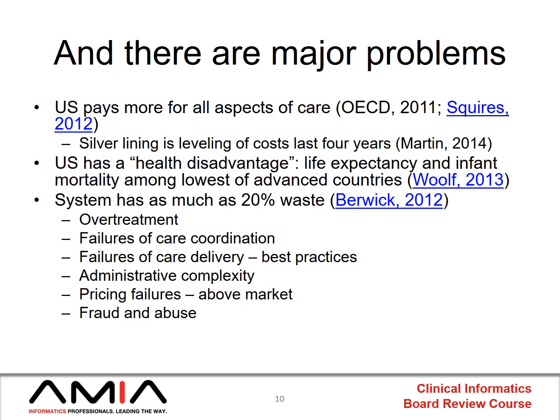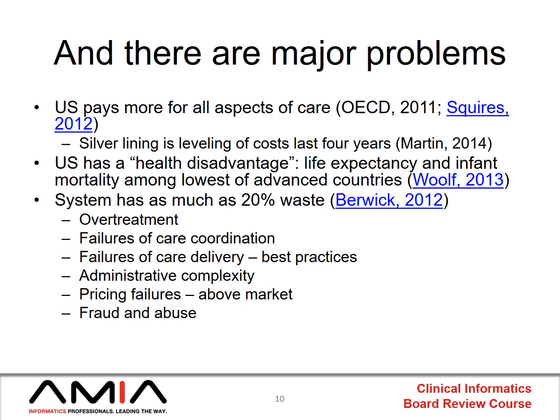The one silver lining being that there has been a leveling of costs over the last 4 years, probably due in part to the recession that took place in 2009, but for whatever reason, the costs have been leveling off somewhat. The U.S. also has what some describe as a health disadvantage. Our life expectancy and infant mortality are among the lowest of all countries with advanced economies.